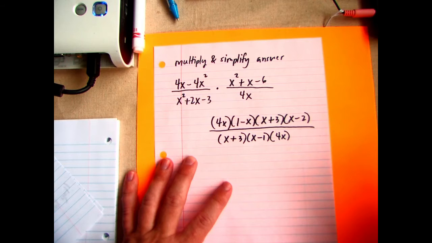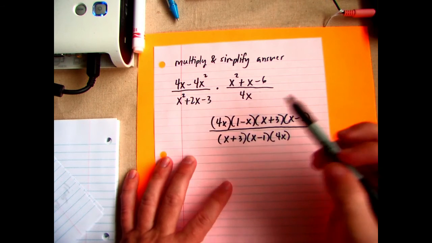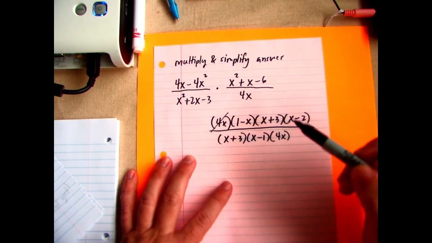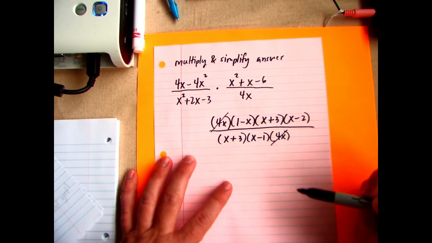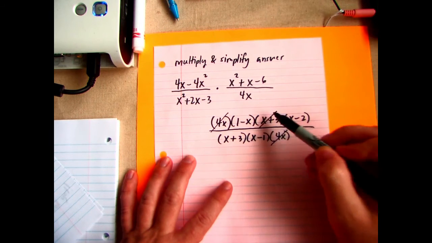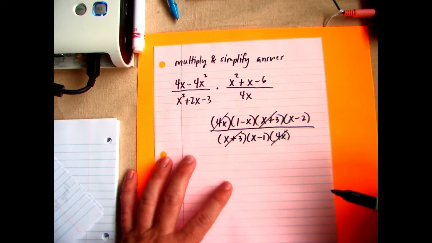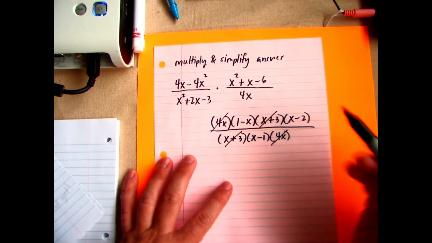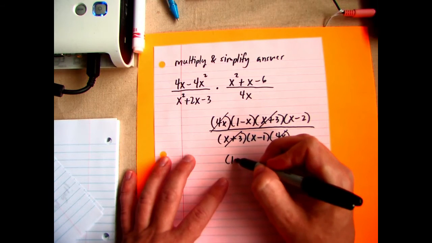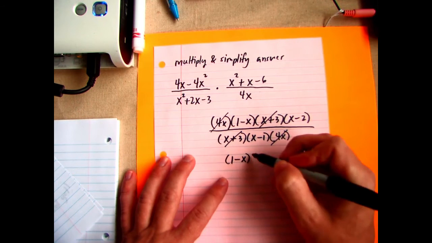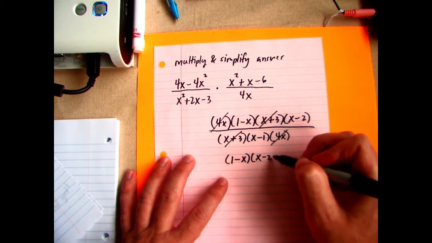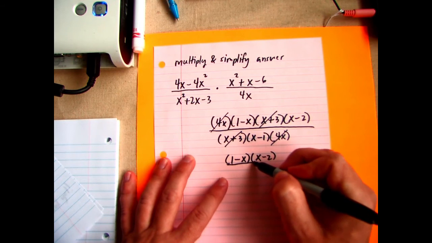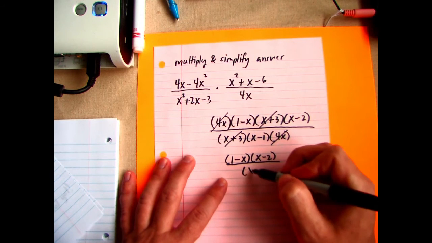So I have a lot of bubbles to choose from, a lot that can be canceled. 4x and 4x. X plus 3 and x plus 3 is another one that matches. So what are the bubbles that are left over? 1 minus x times x minus 2 all over x minus 1.